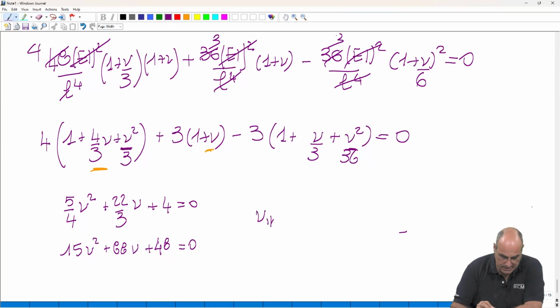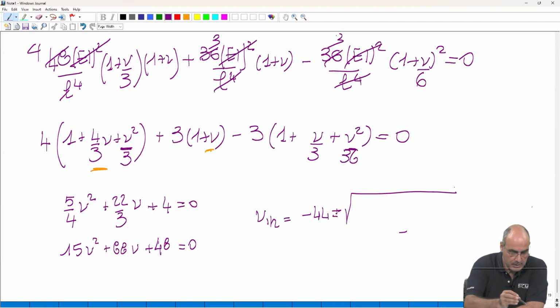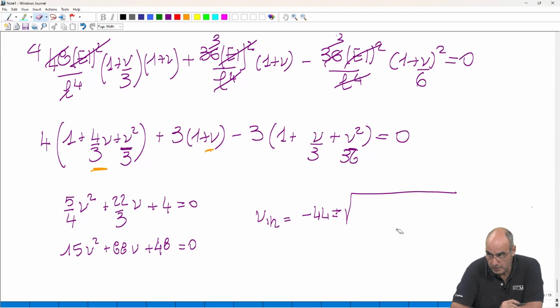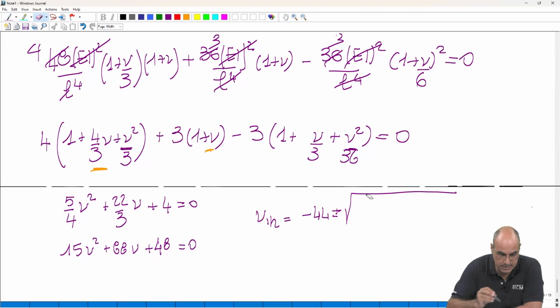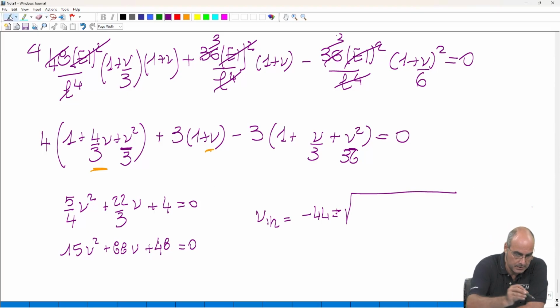So in this case, ni 1, 2 is minus 44 plus or minus. Can you tell me the square of 44? The square of 44 should be 1936. Yeah, okay, no, now it's correct. I get back.